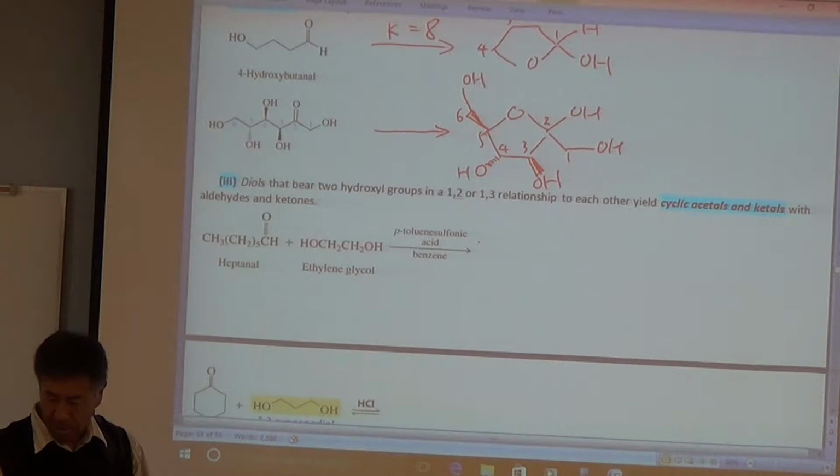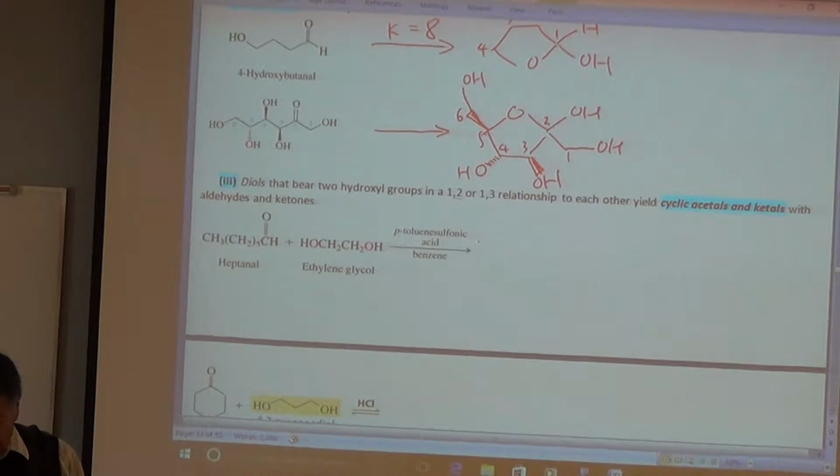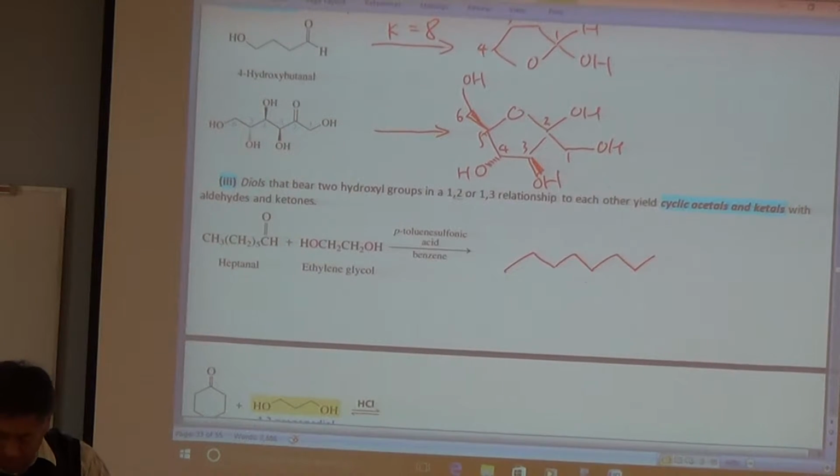Now in this example, we have the heptane. This H is emitted from the aldehyde, and then we will have this acetal. Acetal means you have 2 OR.